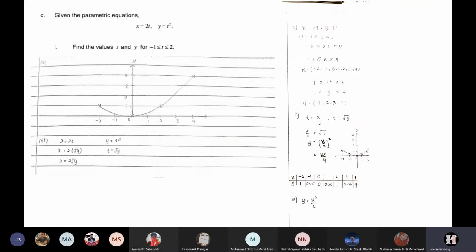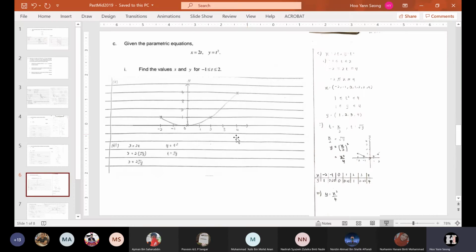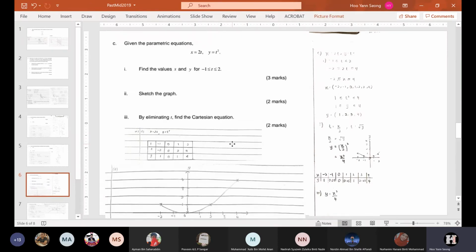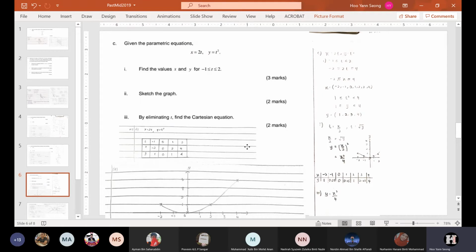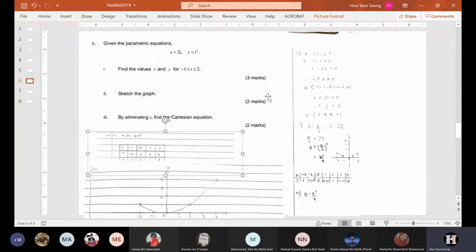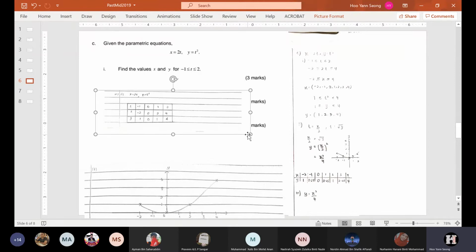And then this is the C question. The question is: given the parametric equation x equals 2t, y equals t squared, find the value of x and y for this one.